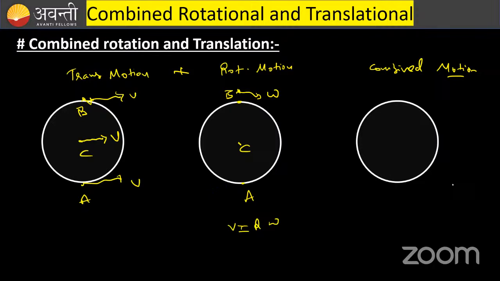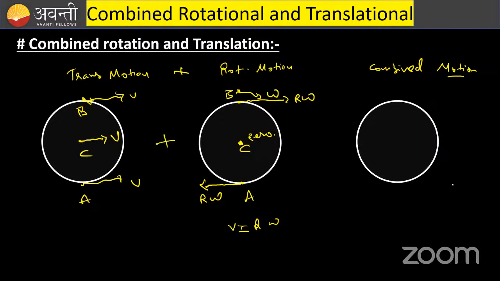Point A will have an R omega velocity in this direction. Point B will have a velocity R omega in this direction. What will be the velocity of point C then? The velocity of point C will be zero, because this is the point about which the wheel is rotating. It is the axis point and will remain at rest. So these are the velocities of A and B.